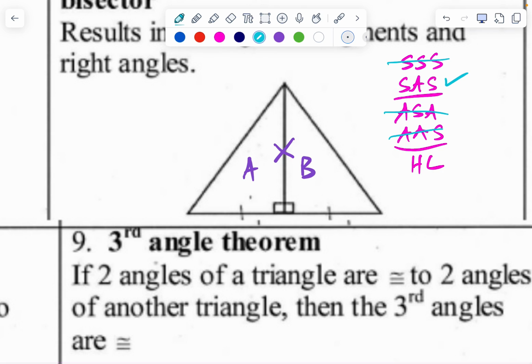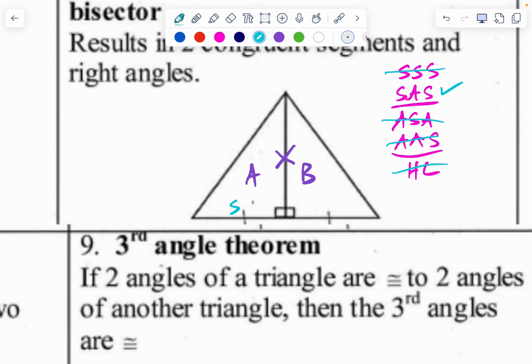No, because it is a right triangle, but we don't know the hypotenuse. At least we haven't marked that it's congruent. So in this case, it's side, angle, side: side, angle, and then this reflexive side in the middle.